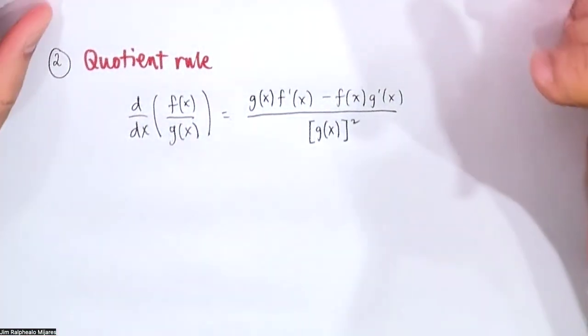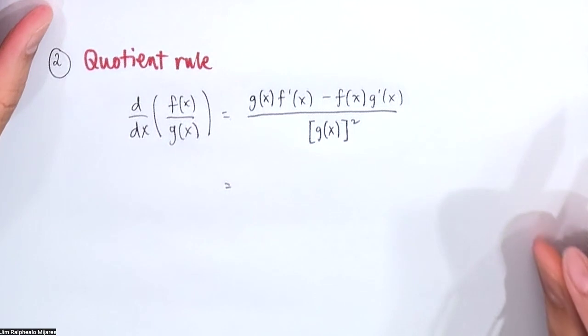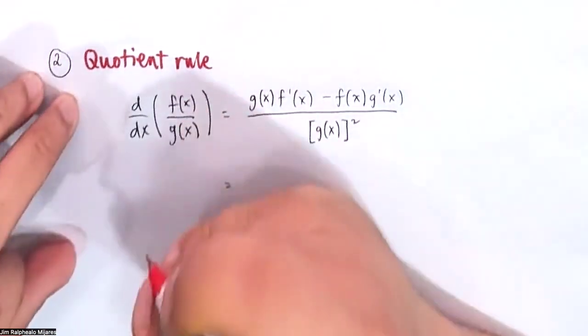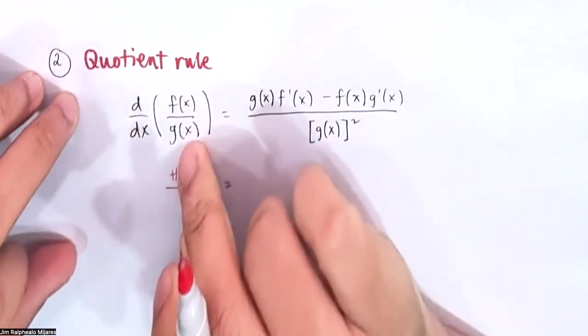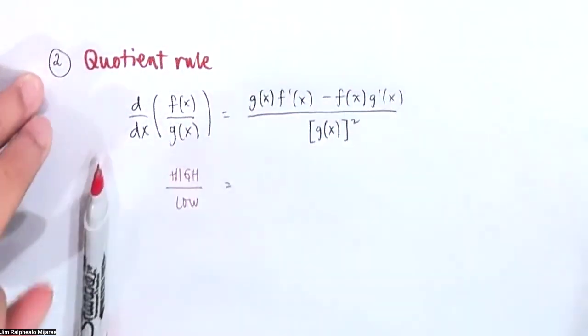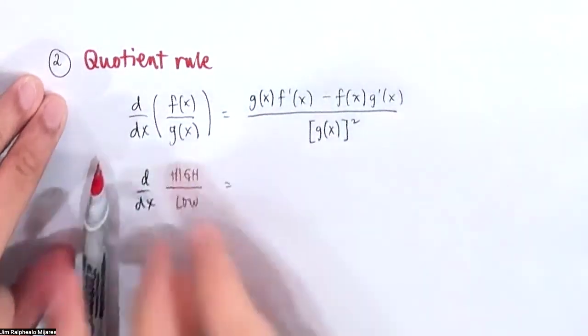Kind of true, but there's a mnemonic. The way we do it is, let's call this function high. Let's call this function low. So we're finding the derivative of high over low.